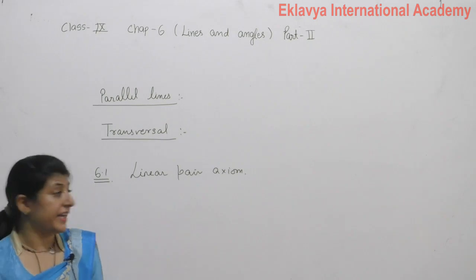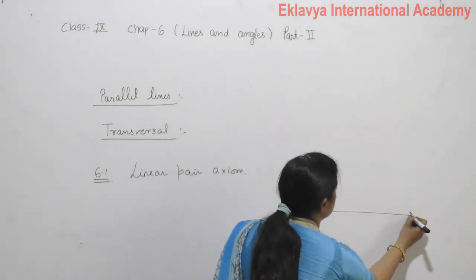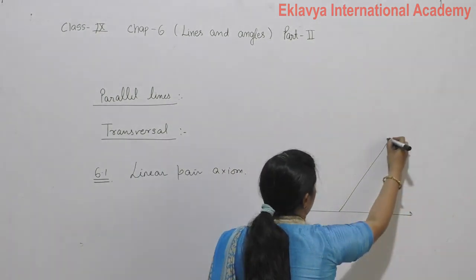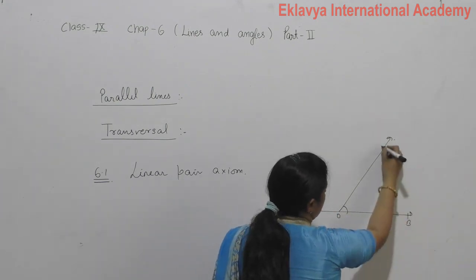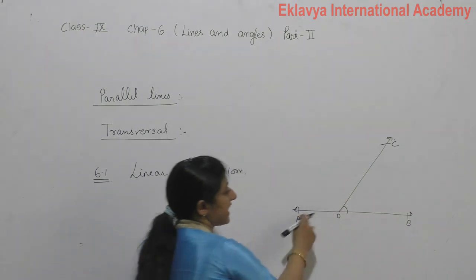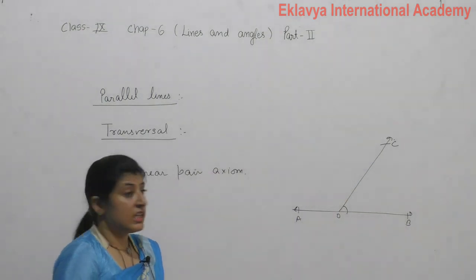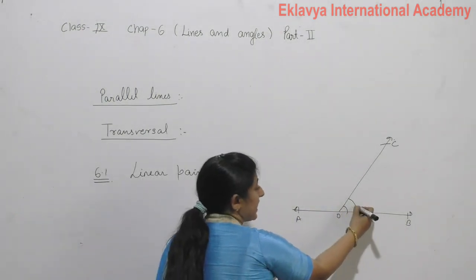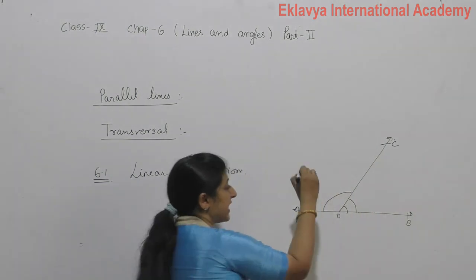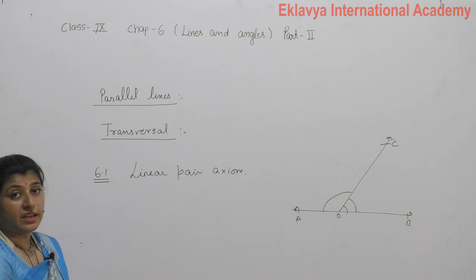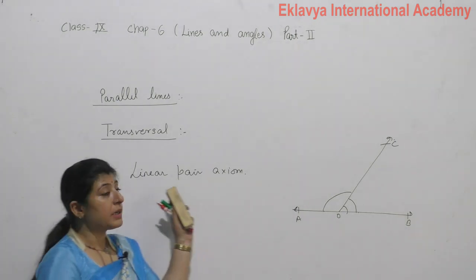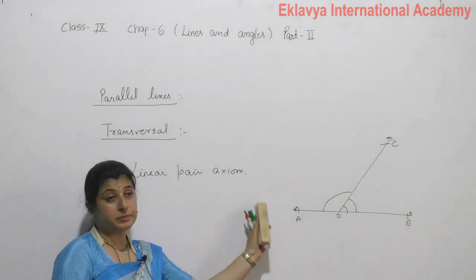If a ray stands on a line, then the sum of the adjacent angles is equal to 180 degrees. This is the linear pair axiom.